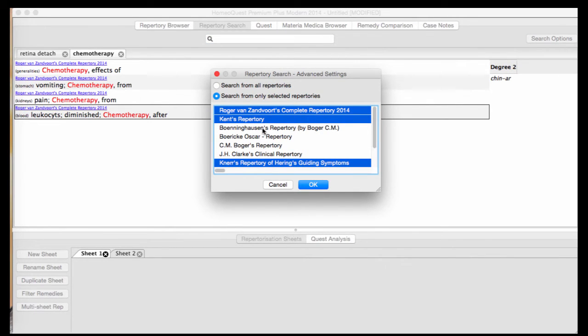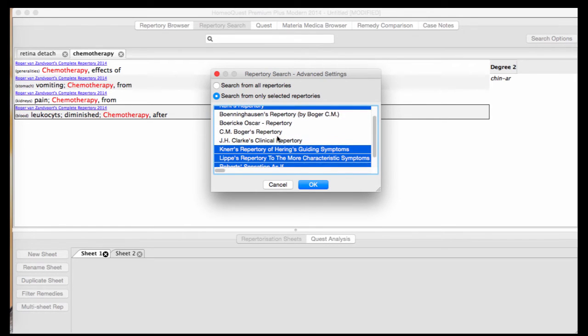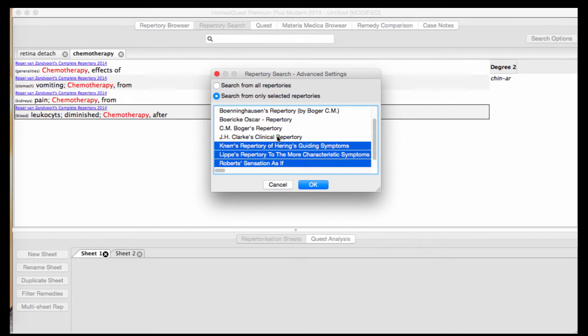I'll again select the Complete, because remember, the Complete has both a Kentian and a Bonninghausen background to it. There are a lot of generals, so it uses both philosophies. So I'll still use the Complete, but I'll use the Bonninghausen, the Boericke, the Boger, and the Clarke. These are my go-to Bonninghausen repertories, and they have the generalization concept at the heart.